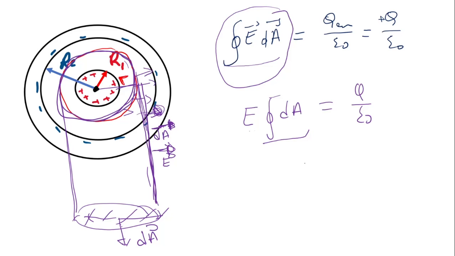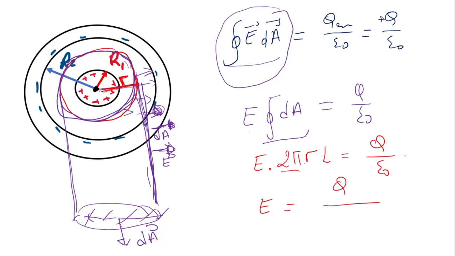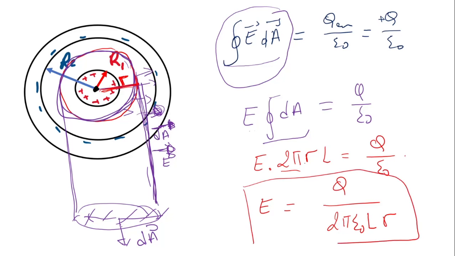So the integral of dA is 2 pi r times L, and this equals Q over epsilon 0 when multiplied by E. The electric field is just Q over 2 pi epsilon 0 times L times r. This is the electric field in between these two cylinders.